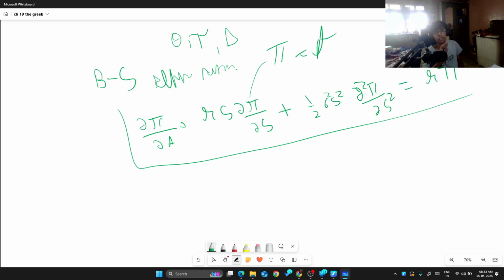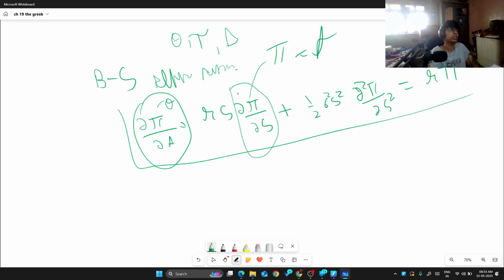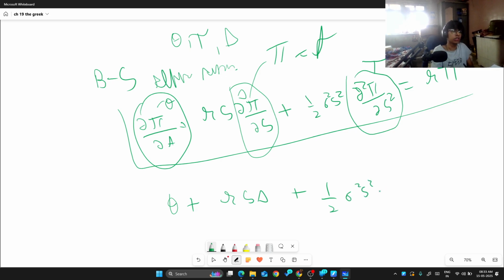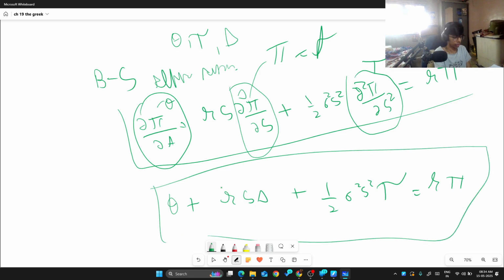If you observe, this is theta, this is delta, and this is gamma. So if we rearrange it, theta plus rS delta plus half sigma square S square gamma equals r pi. That's the differential equation you can find.